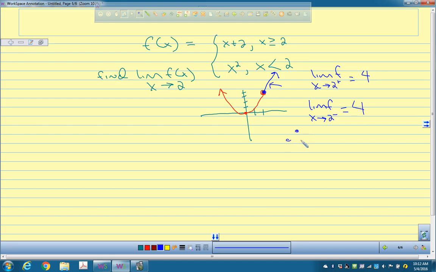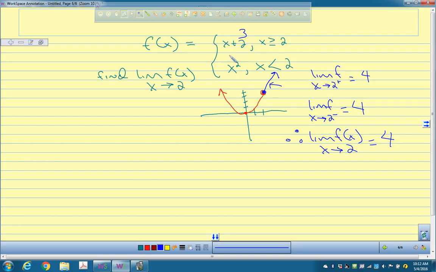Therefore, the limit, this means therefore. Did you know that? Those 3 marks? Therefore, the limit of f of x as x goes to 2 from both sides is equal to 4, right? So if this were 3, would this have a limit? No. Why not?